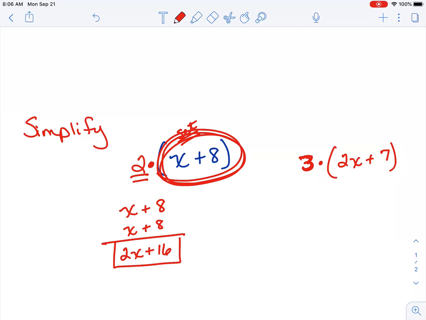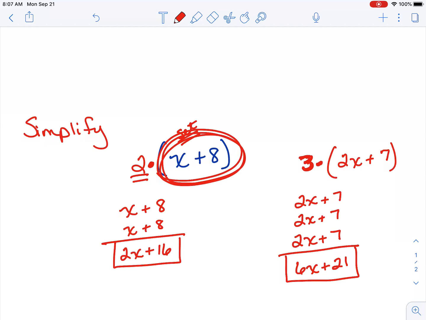So I want 2x plus 7 once, 2x plus 7 twice, 2x plus 7 3 times. Well, if I combine my like terms, that's 6x plus 21. And that's all I could do because I don't know the value of x.